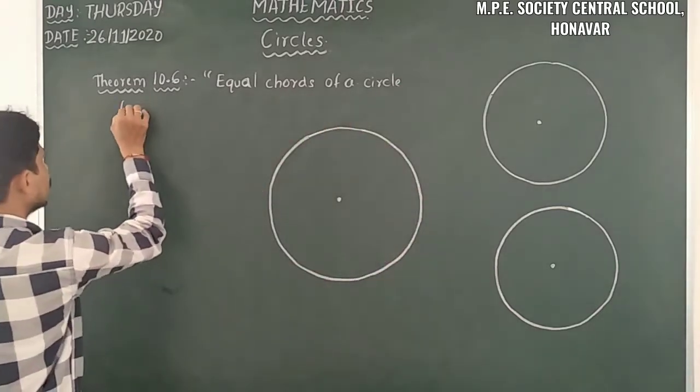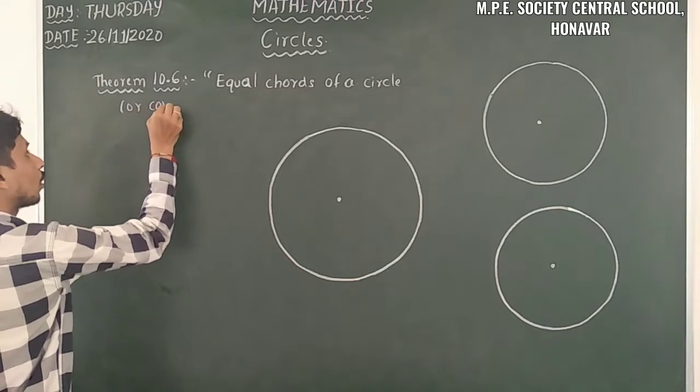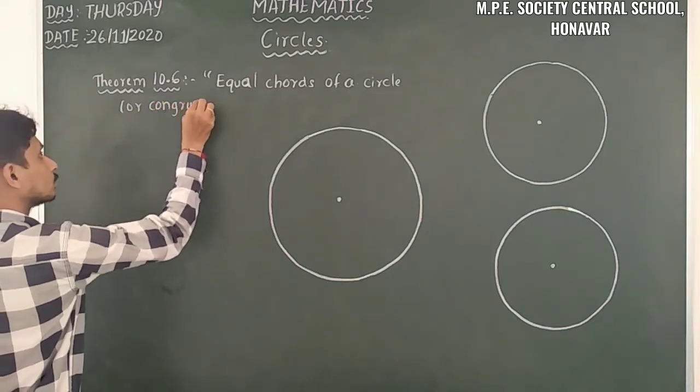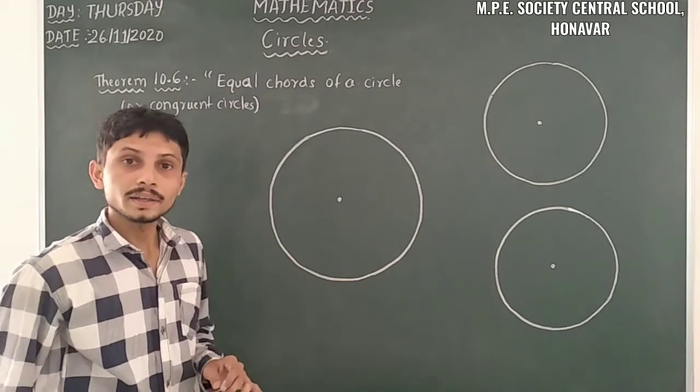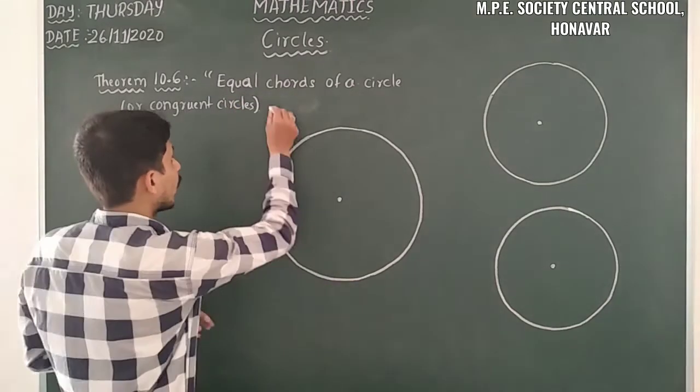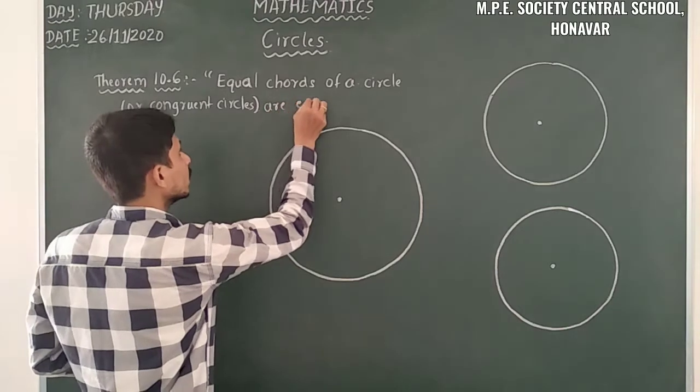Here I have said all congruent circles are equidistant from the center.